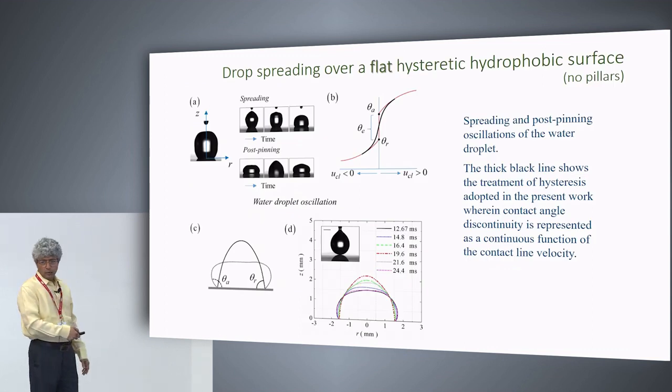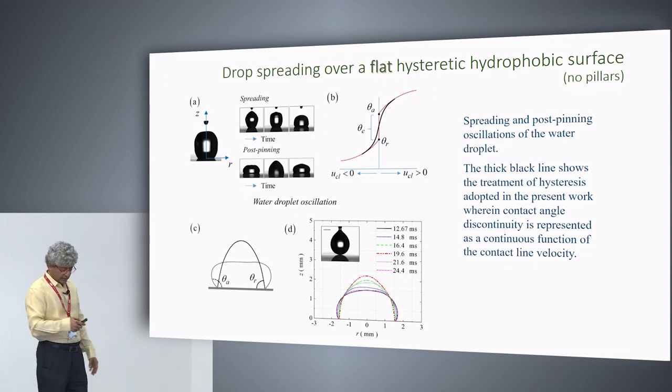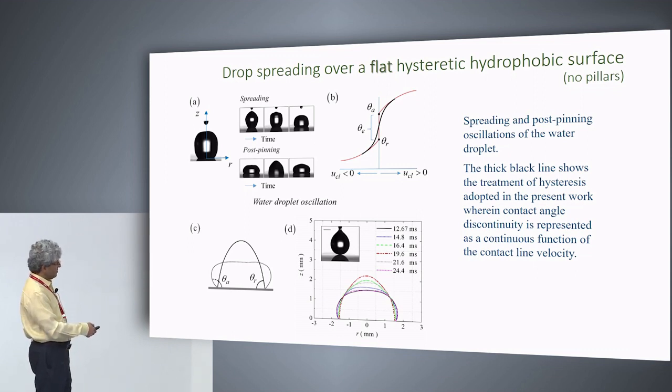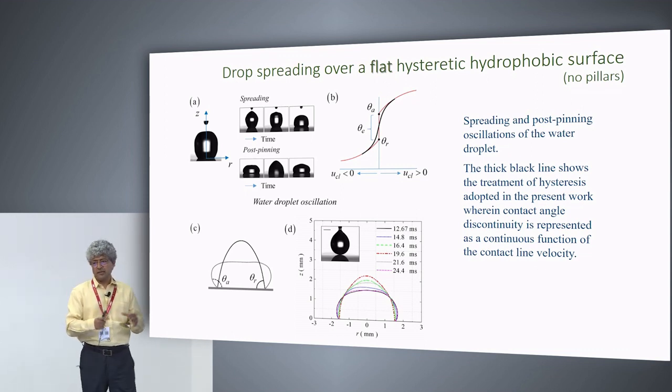So in general, what happens during drop spreading is you keep the drop on the surface and collect the video sequence. There is some spreading. If the surface has pinning, then the footprint freezes in time, and there are so-called capillary waves on the interface.